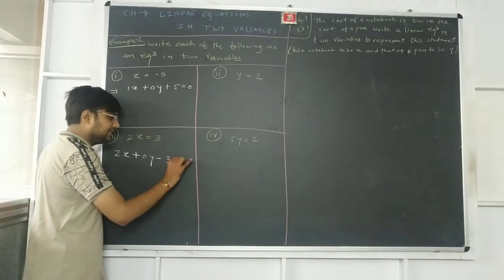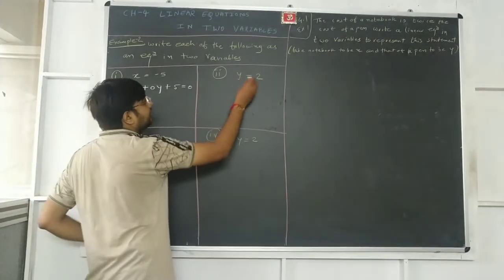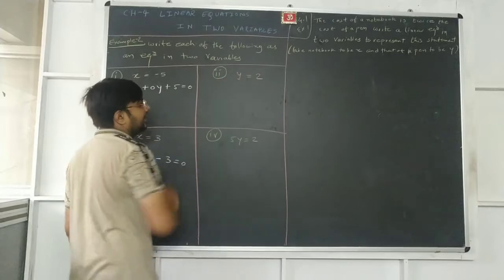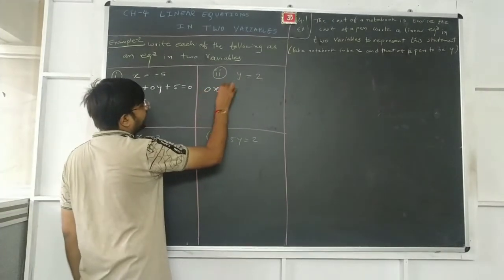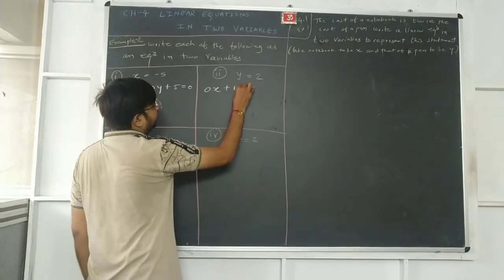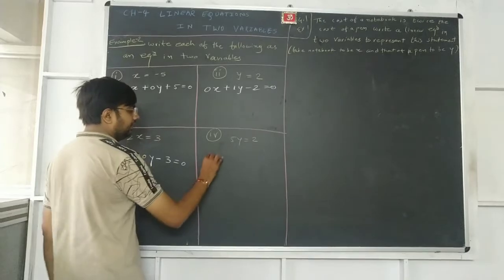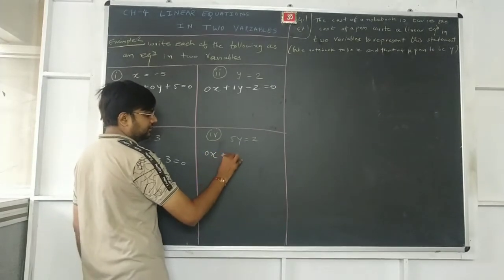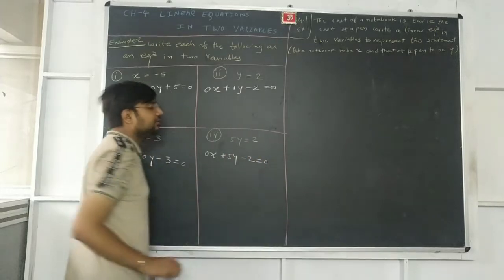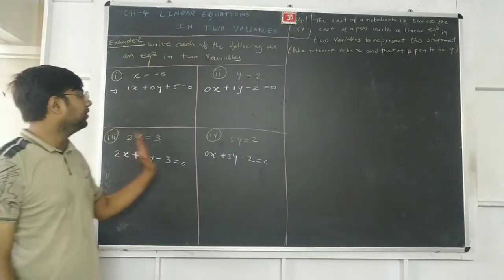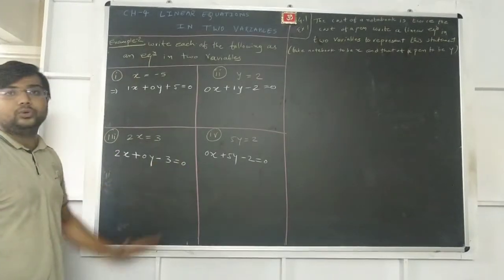Next, y is equal to 2, then variable x is missing, so the term of x is 0, 0x plus 1y minus 2 is equal to 0. Okay, this is the simple form of example 2.